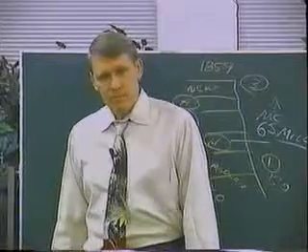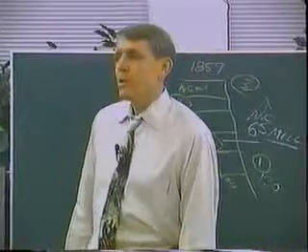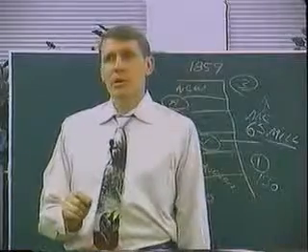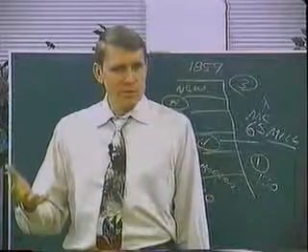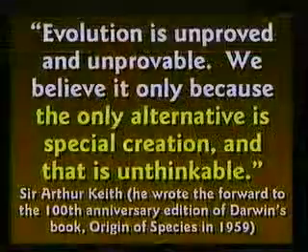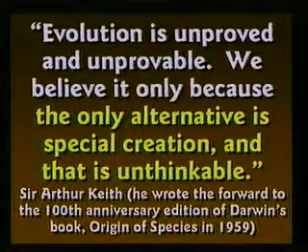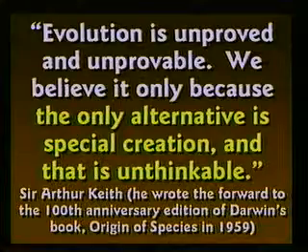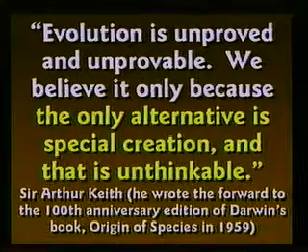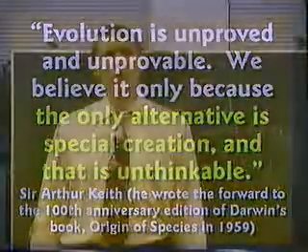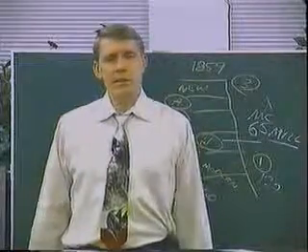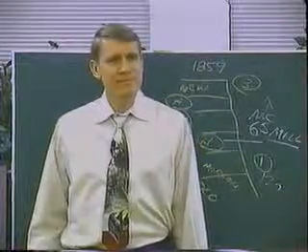Sir Arthur Keith strongly believed in evolution. He wrote the foreword to Darwin's book. They republished the book every once in a while, and on the 100-year anniversary, 1959, which was going to be a big deal, they said, Sir Arthur Keith, you're one of our favorite evolutionists of the day. We would like to honor you with the right to write the introduction to the book.